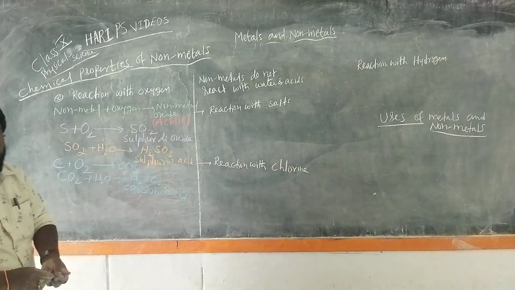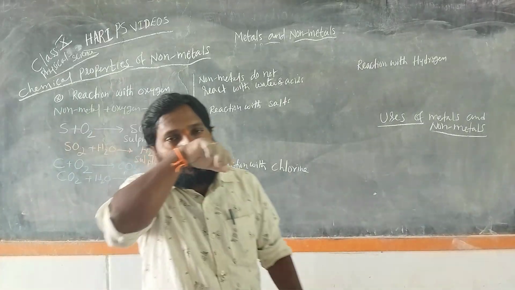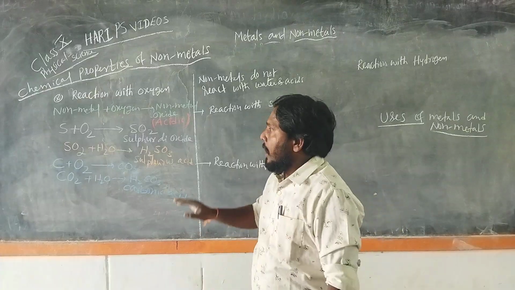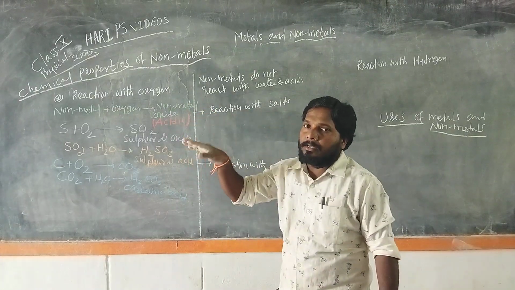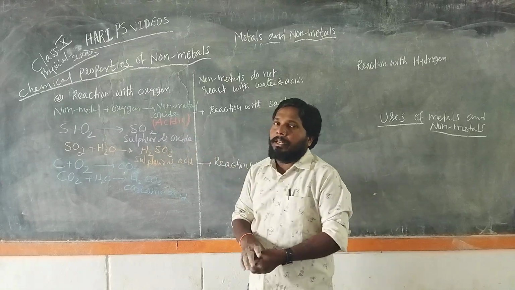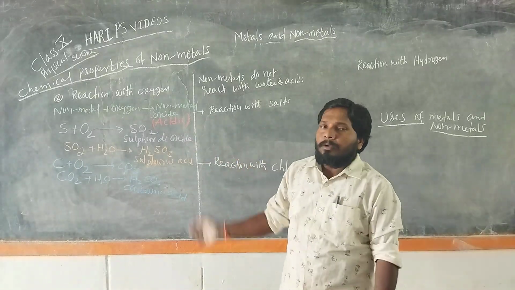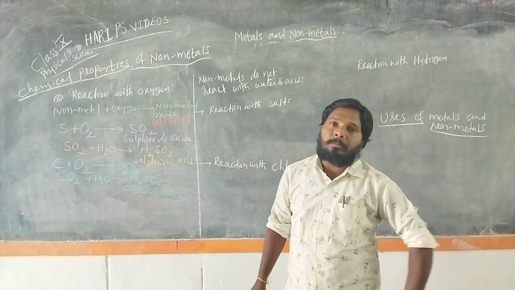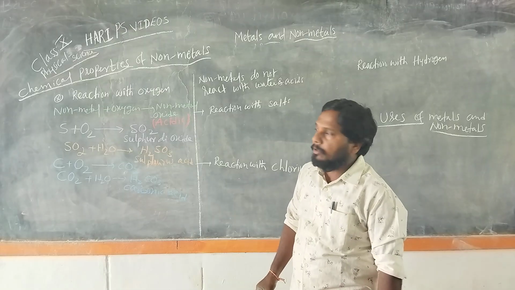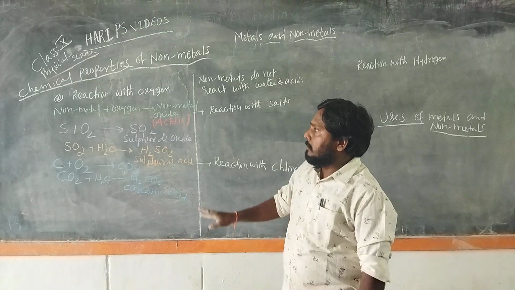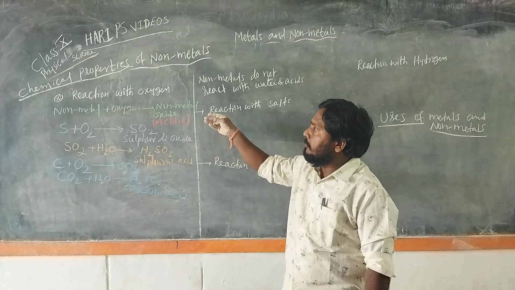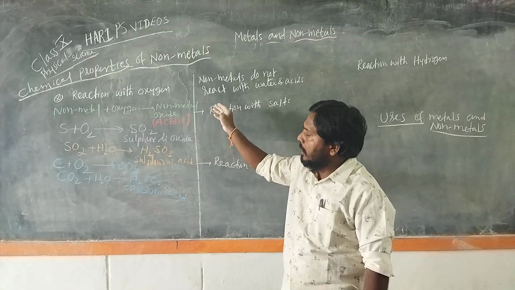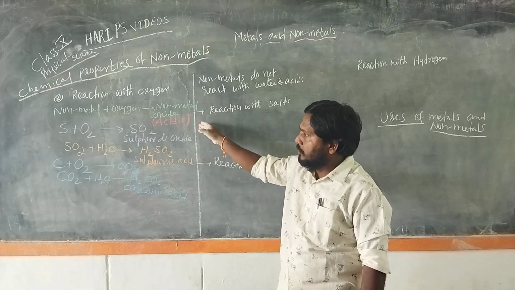Similarly, phosphorus and nitrogen also react with oxygen and form their respective non-metal oxides, which are acidic in nature because they turn blue litmus into red litmus. So non-metals react with oxygen and form their respective non-metal oxides, which are acidic in nature.